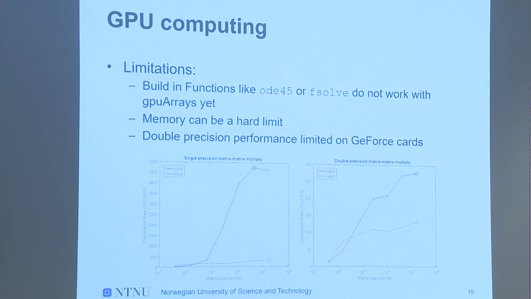And especially on the consumer cards, the double precision performance is way worse than the single precision. Normally, you would expect double precision to have half the performance of single precision. In the case of consumer market GPU cards, that's not the case.